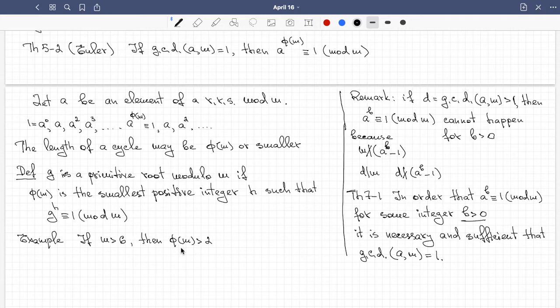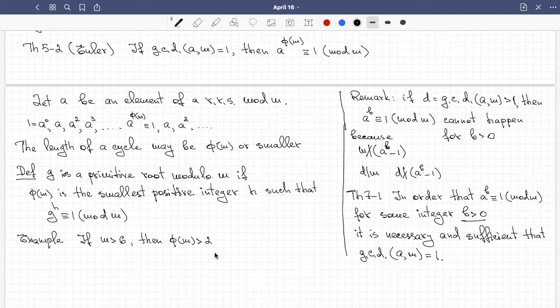We solved the equation phi of m equals 1 and phi of m equals 2. So phi of m is equal to 2 for m equal to 3, 4, and 6, and never again.